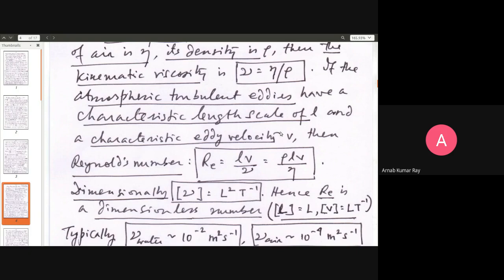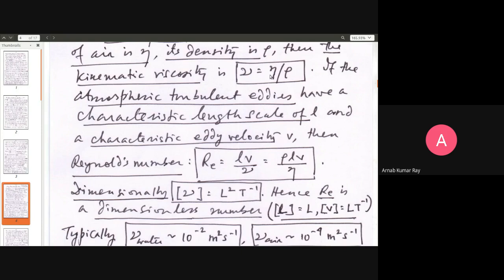Force has the dimension of mass into acceleration, so m L t raised to minus 2. Area has the dimension of L squared, right? So m L t raised to minus 2 by L squared is equal to eta times L t raised to minus 1 by L. So from that, you can find the dimension of eta. You can check these things for yourselves.